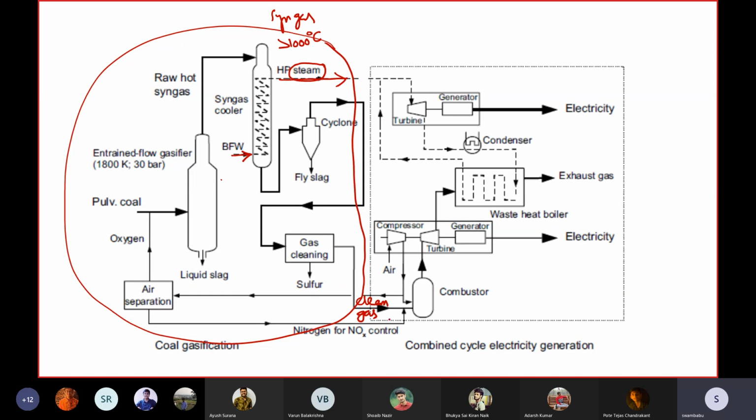The cool clean gas comes out at the bottom, and the hot syngas is utilized for the steam. That steam is supplied to the turbine, which rotates the generator, and from the generator we get the electricity.